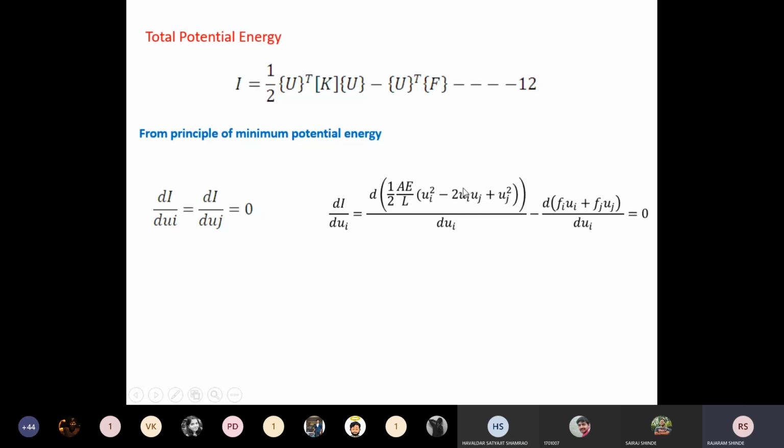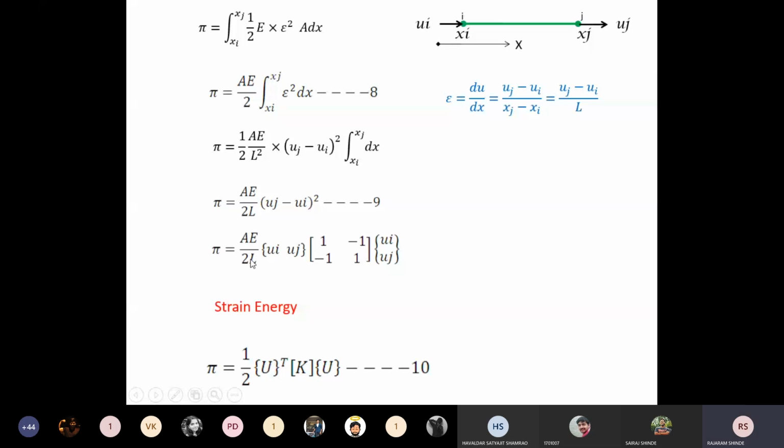How is it the strain energy equation? I will show you. You see this one, equation number 9. When we expand this term, it becomes AE by 2L (ui square minus 2uiuj plus uj square). Am I right? Do you agree with this?